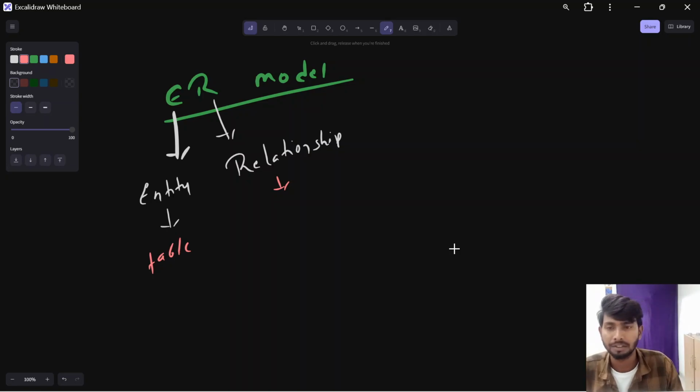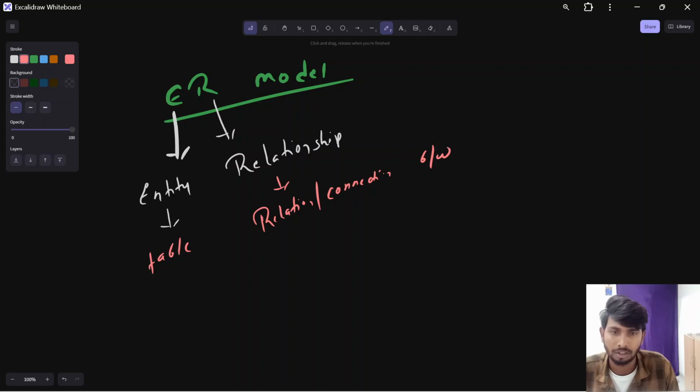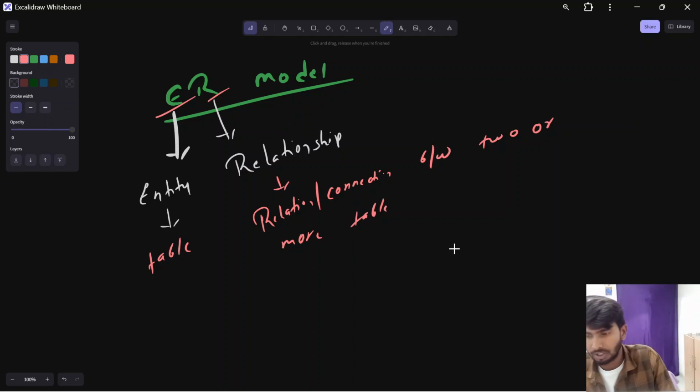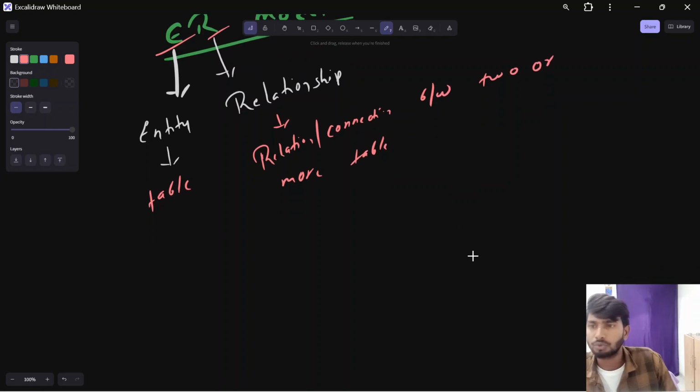Like we understand, relationship means relation, or we can say connection between two or more tables or entities. We can say anything. Okay, we know about the ER, entity and relationship model. Its full meaning is entity relationship model.